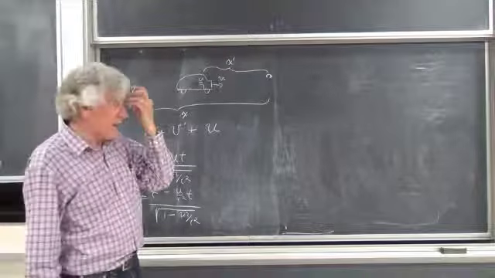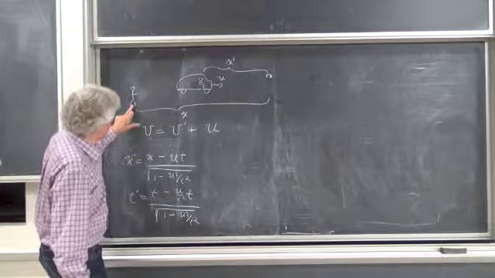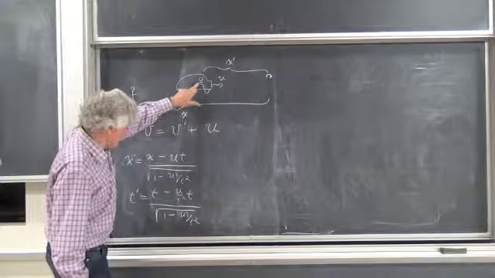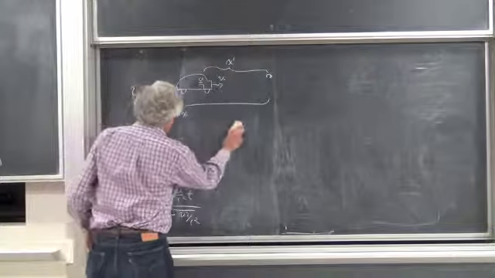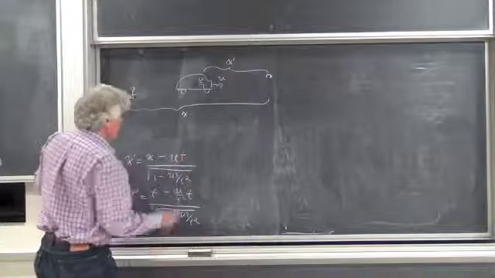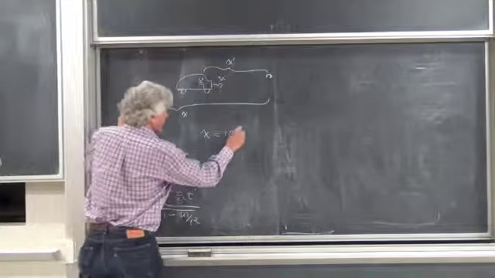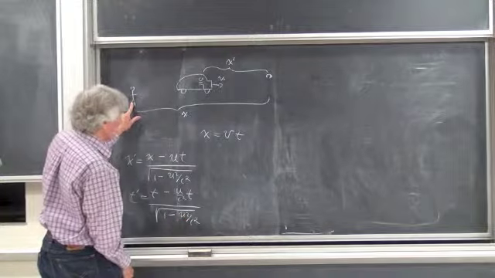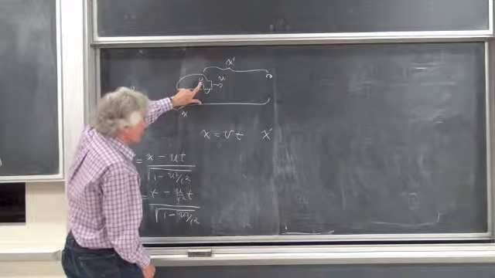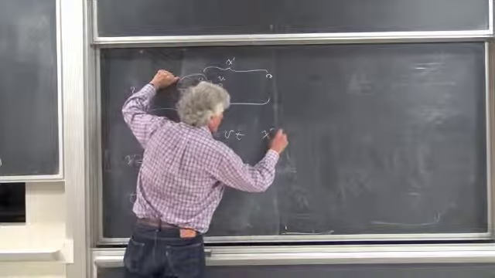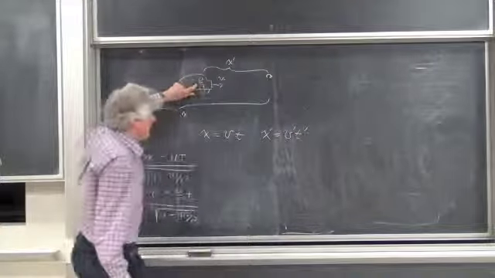So what I want to do now is show you what the correct relationship is between the velocity seen by this observer and that seen by this. In other words, this is simply wrong. And the way you find that is you point out that x is the velocity seen by this observer times the time used by this observer, x prime is the position seen by this observer, and that's equal to v prime, the velocity seen by this observer, times their time.